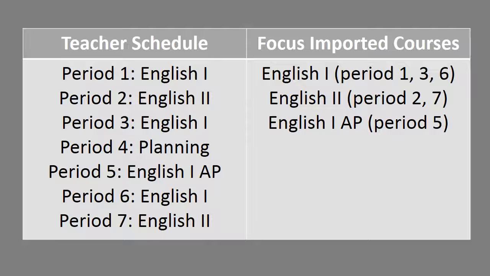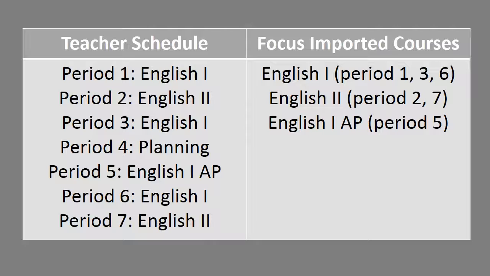You may notice that although you teach multiple periods a day, you only have 1 or 2 itslearning courses. This is how that works. This is a teacher's schedule on the left-hand side. This teacher teaches English 1, English 2, and English 1 AP over a course of 6 periods.